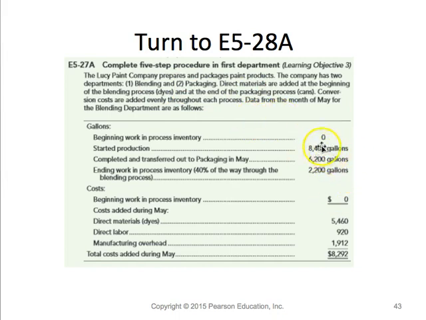So this is the beginning balance for the inventory, which is 0 again, and the started production for the month is 8,400 gallons, and completed 6,200 gallons, and ending work in process of 2,200 gallons, and so on. So these are the numbers in dollars.